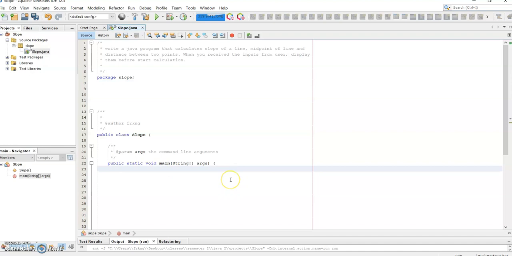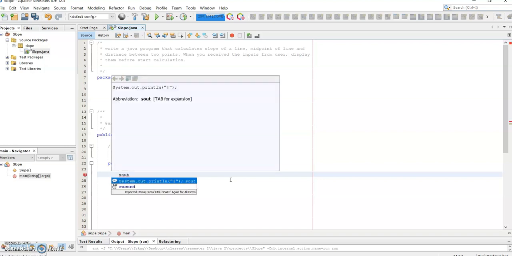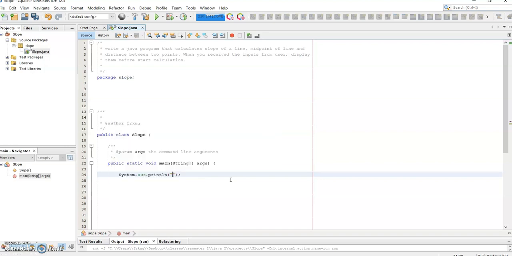Alright, let's start. So this is the first point. Let's ask the user, recording point P. And for point P, ask the user, enter x value.